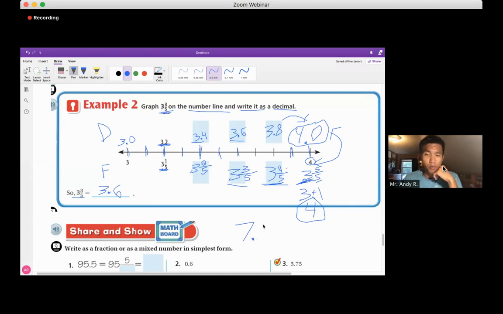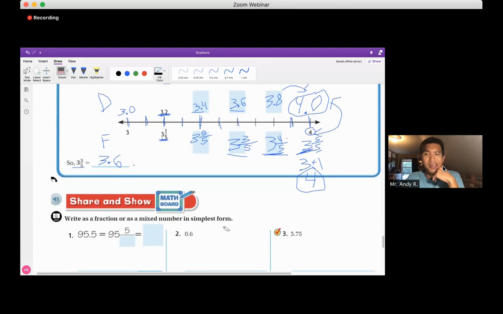It'll just be 7.0. If I asked you what is the decimal form of 1,053, you'd say it's 1,053.0. It's all the same.